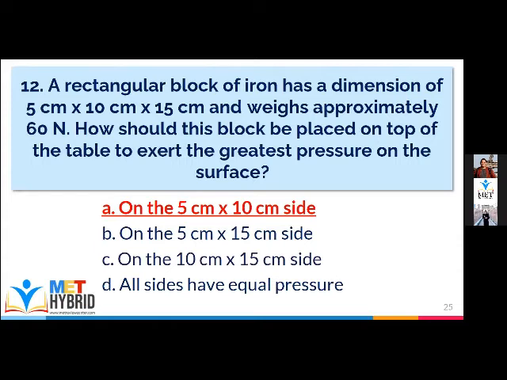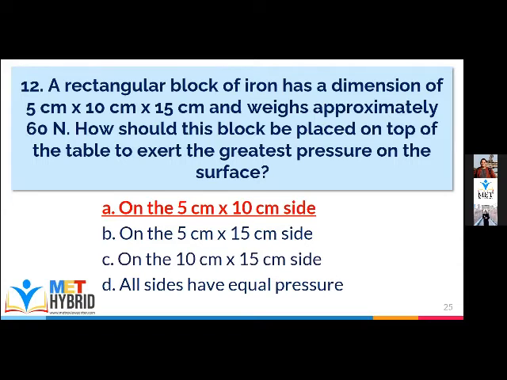Basically, we are looking for what particular side of our iron block would exert the greatest pressure. Since there is an indirect proportionality between our force and our area, if you look at our formula, your force is divided by A. So they are inversely proportional.